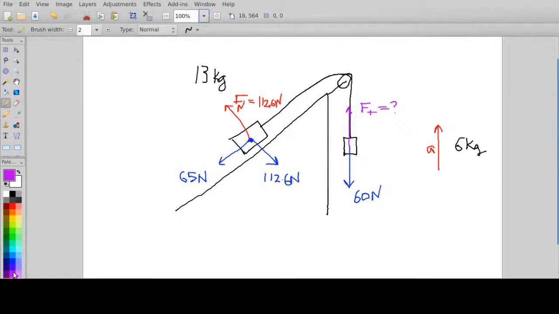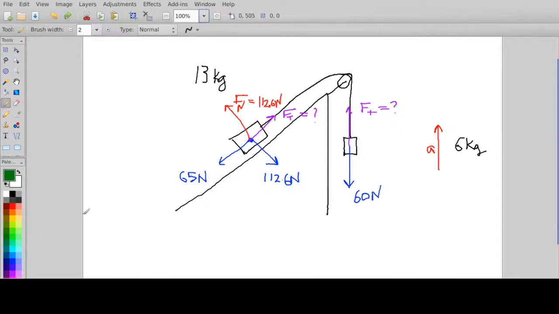Now there's the tension up like that. Sorry, I'm not doing a very good job in my diagram, but all right, there's the tension up. We don't know how big it is either. What we do know is that this tension here is the same as that tension there. The tension throughout the string is the same, but we don't know how big it is.